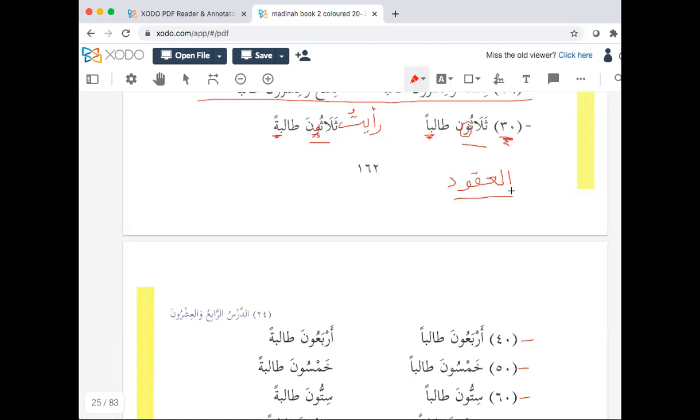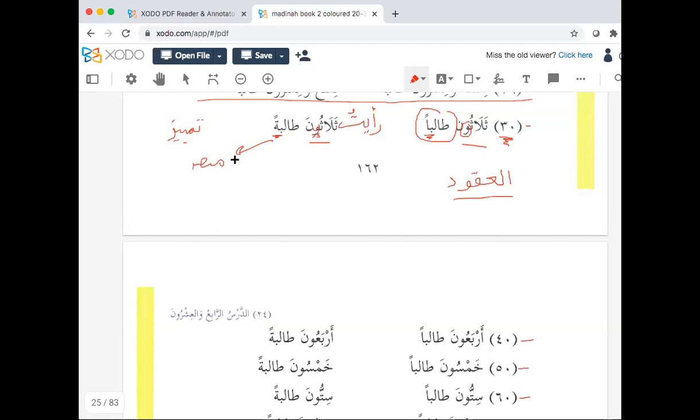Jayyid. And just notice how the pattern continues, as it was between 11 and 99, that the ma'dood is going to be tamyiz. And what does tamyiz look like? Mansoob, yes.